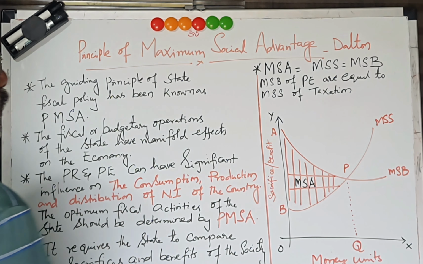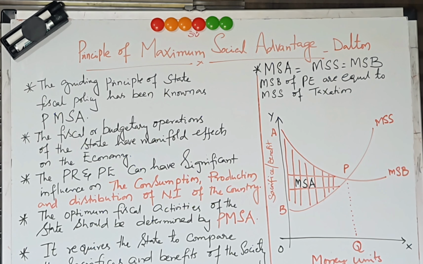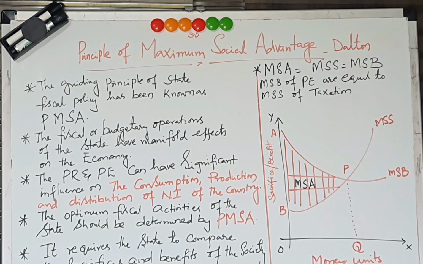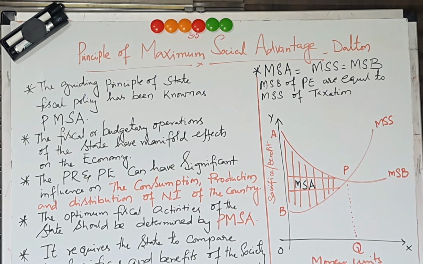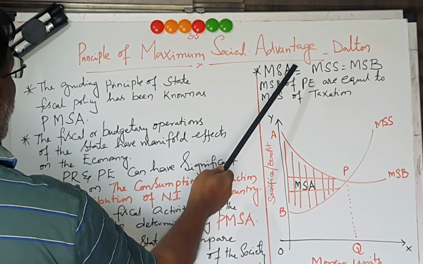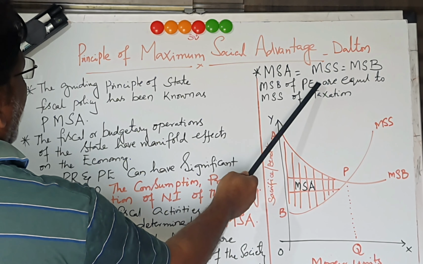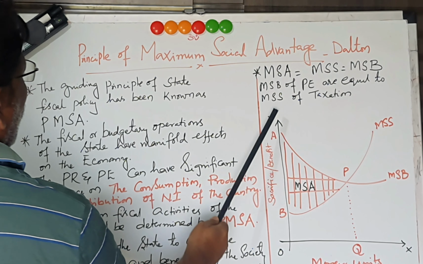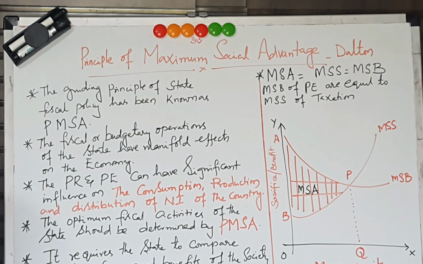It was designed by H. Dalton. According to Dalton, the maximum social advantage should be derived when the government's public expenditures are equivalent to the marginal social sacrifices of taxation.